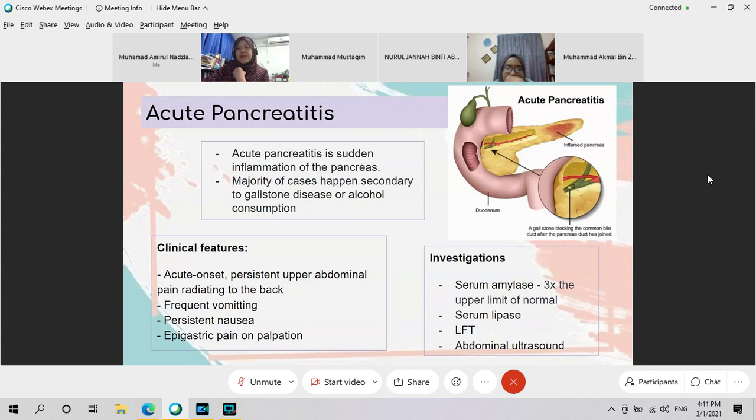Senyaplah. Jawablah. Because pancreas is visceral, so the autonomic nervous system will cross dengan somatic, so it can cause back pain.